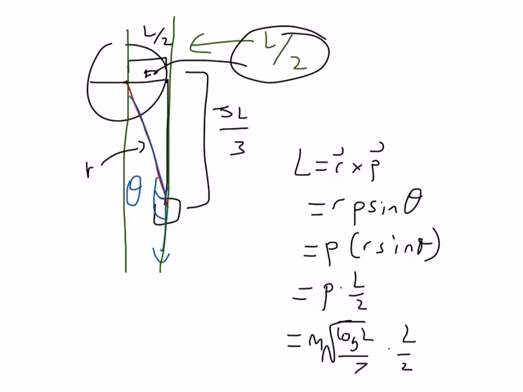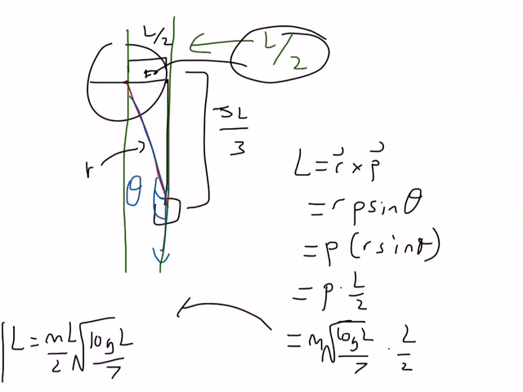And just cleaning that up, I'm going to move over to here because I ran out of space. You don't really have to do a whole lot of combining. You can if you want, but you could just leave this as mL over 2 square root of 10GL over 7. I should notice that my notation is a tiny bit sloppy here.